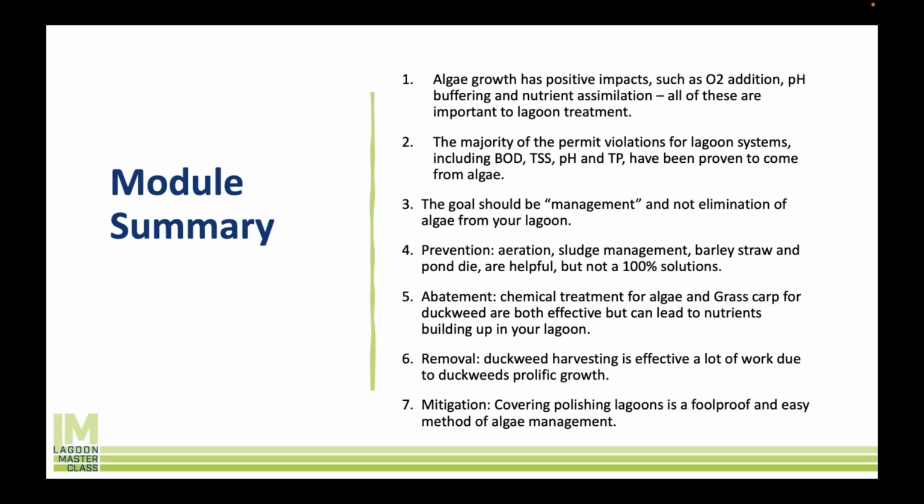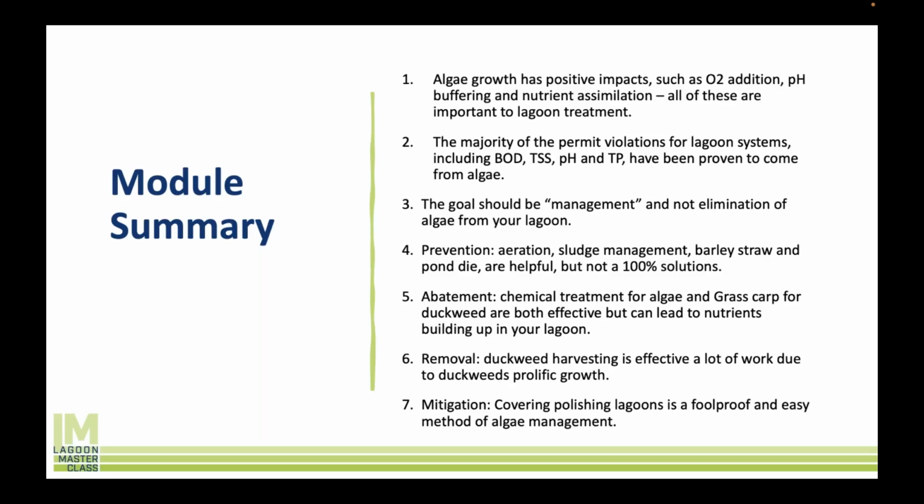It can affect your effluent TSS, pH, total phosphorus, etc. I think prevention, and taking a really hard look at your aeration, your sludge management, your sludge levels, can be a really effective tool. And I think prevention is probably the best. If you're in a really bad spot, then feeding copper sulfate, or if you've got really bad duckweed problems, putting grass carp in, are definitely good options, not the worst things in the world. I just wouldn't rely on them in the long run.